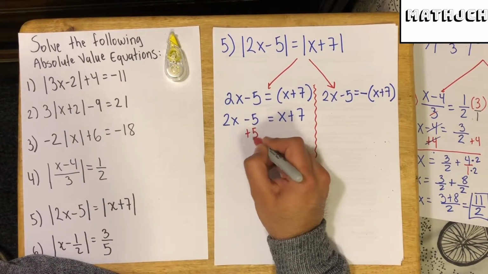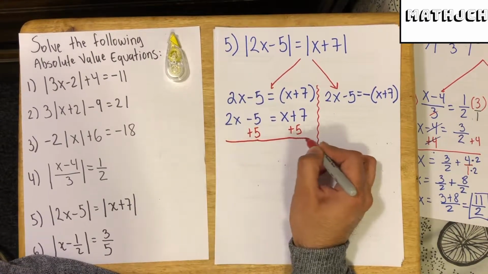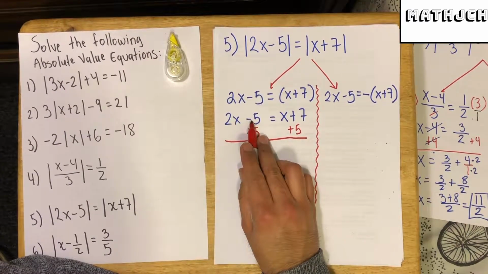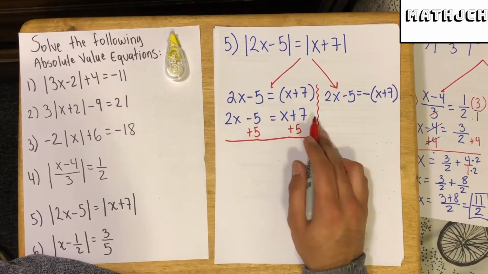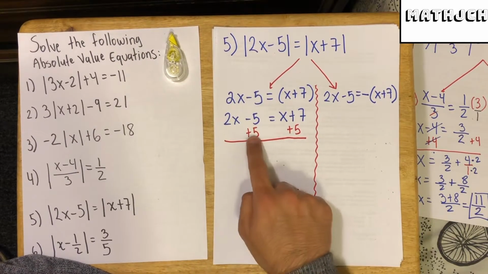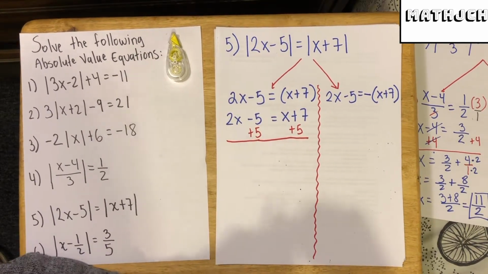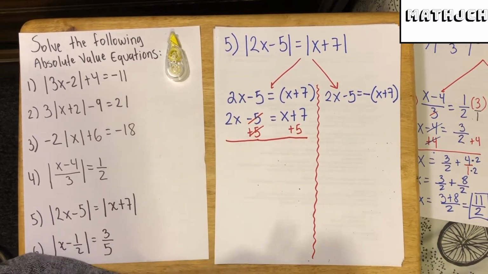So I'm going to have plus 5 and plus 5 here. Why plus 5? Because this 5 is negative, or is subtracting. So to move it to the other side is going to be the opposite of subtracting, which is adding. So negative 5 and positive 5 cancel.